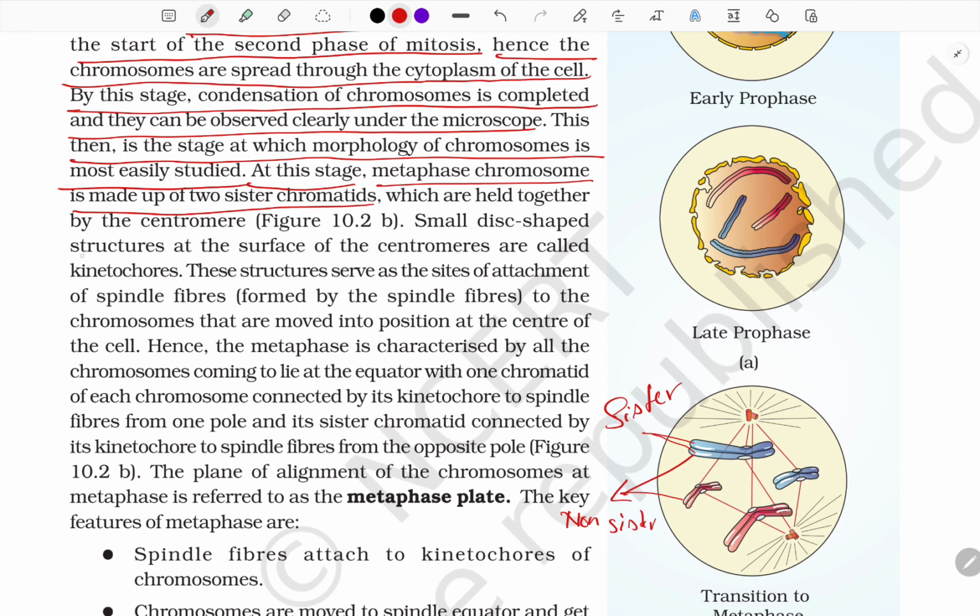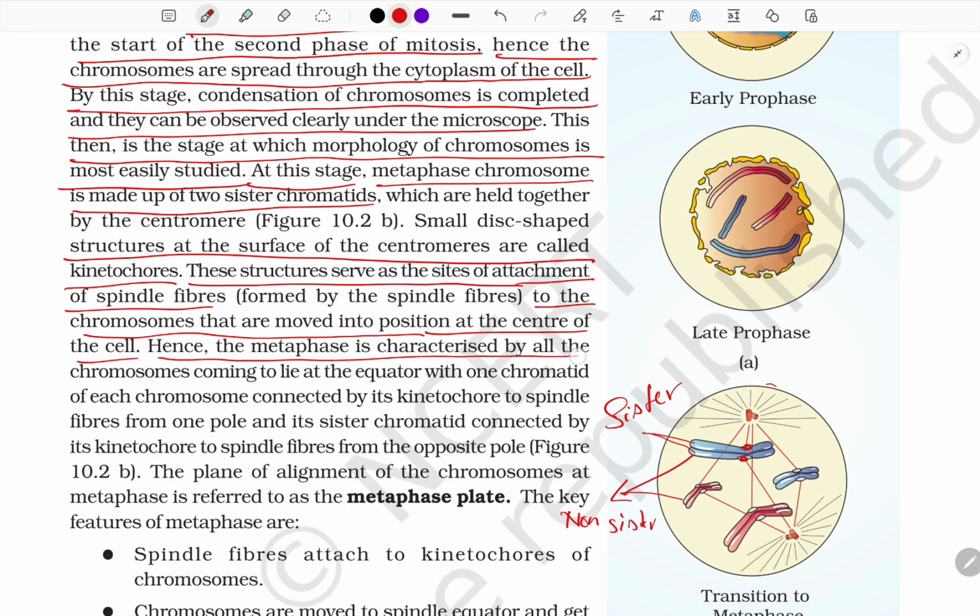Held together at the centromere, there is a small disc-like structure on the surface of the centromere, which we call the kinetochore. So this is the kinetochore. To this, the spindle fibers from the asters are attached. So this structure serves as the attachment site of the spindle fiber, so that the chromosome is moved into position at the center of the cell.